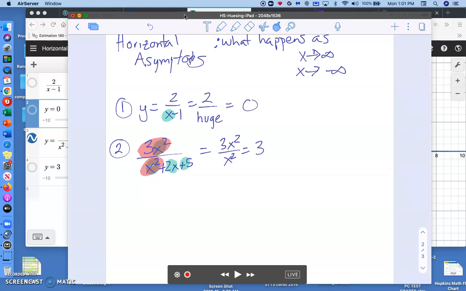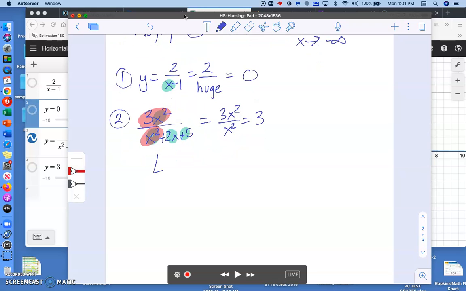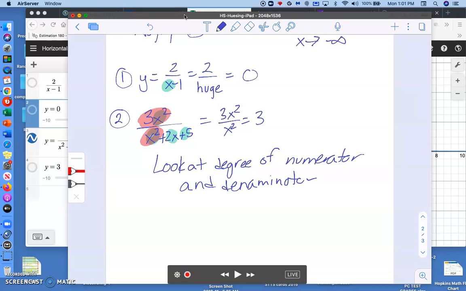Some of you might notice there's a pattern here. If we look at the degree of the numerator and denominator, there's 2 cases we're going to look at.